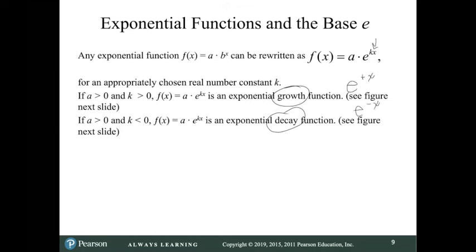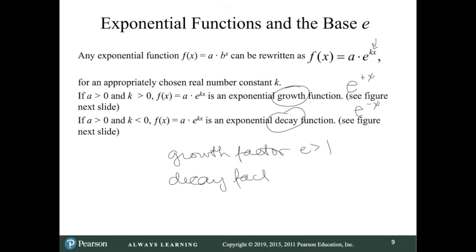Okay, now it could be negative 2x, it could be negative 1/2 x, but if the exponent is negative, that is decay. If the exponent is positive, that is growth. And that is only for when we have base e. Okay, that's specifically for when we have a base of e. And that way we have our growth factor, e, which is greater than 1, and our decay factor, 1 over e, which is less than 1. That's what we saw in the last slide.